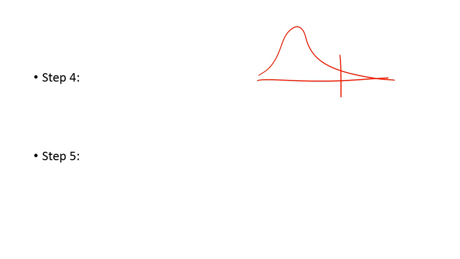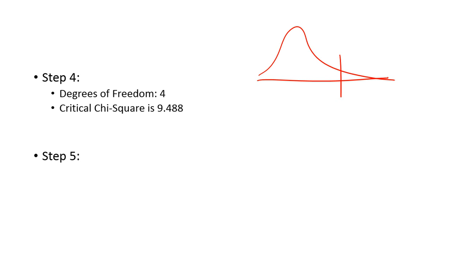Go back to your chi-square sheet. What is the degree of freedom? It's 5 minus 1, that's 4. So your degree of freedom is 4, and then you look at your 0.05, which gets you 9.488. That's your critical chi-square value.